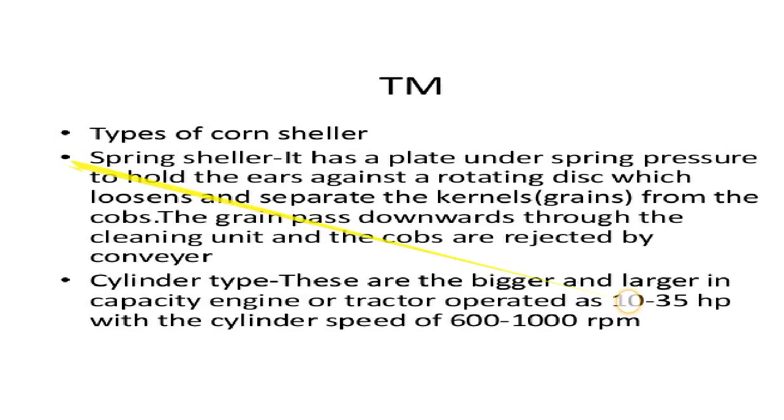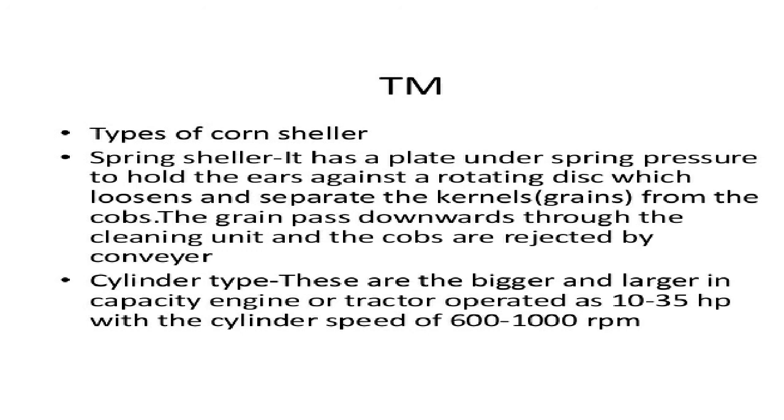Now the types of corn sheller: there are the spring type sheller and the cylinder type. The spring sheller has a plate under spring pressure to hold the ear against a rotating disc, which loosens and separates the kernels from the cobs, and the grain passes downward through the cleaning unit and the cobs are rejected by the conveyor.